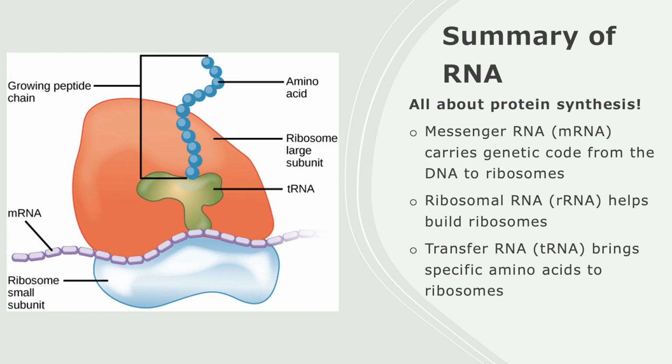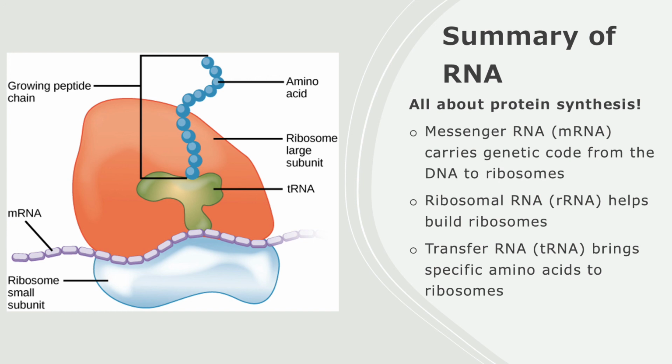Just as a review, you can see this full diagram here, including the tRNA, the mRNA, and those ribosomes, which are made up of the rRNA plus protein. In summary again, mRNA carries those genetic codes from the DNA to the ribosomes.